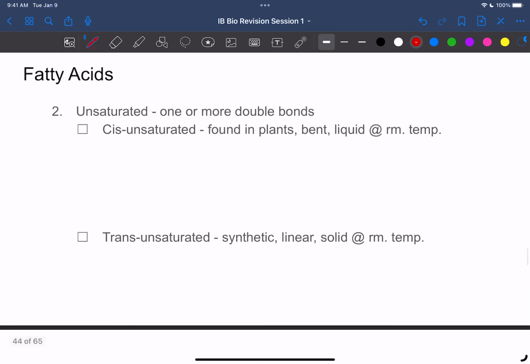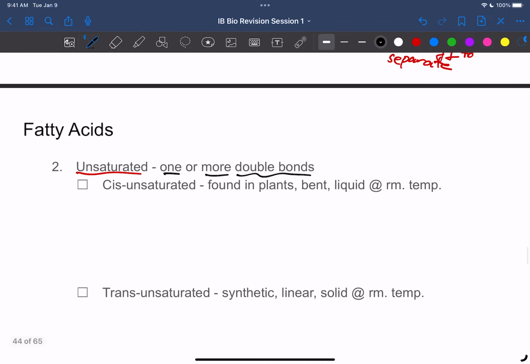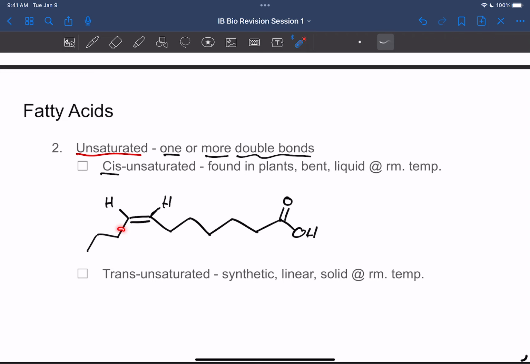Moving on, we have the second type, unsaturated, and that means it has one or more double bonds. There are two different subdivisions of this. There's cis unsaturated, and I'll explain this in a second. Here's a double bond. When it's cis, the carbons in the double bond are on the same side.